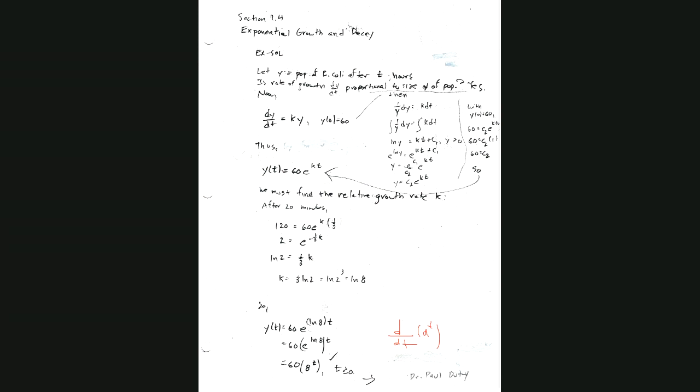The derivative of a to the tth power is the log of a times a to the tth power, right? And I do want to finish here because I know it's 2:05. I just need a minute. So there's my derivative. And so after 10 hours, the growth rate would be dy dt, but t equals 10, not 2. That should be a 10 there.